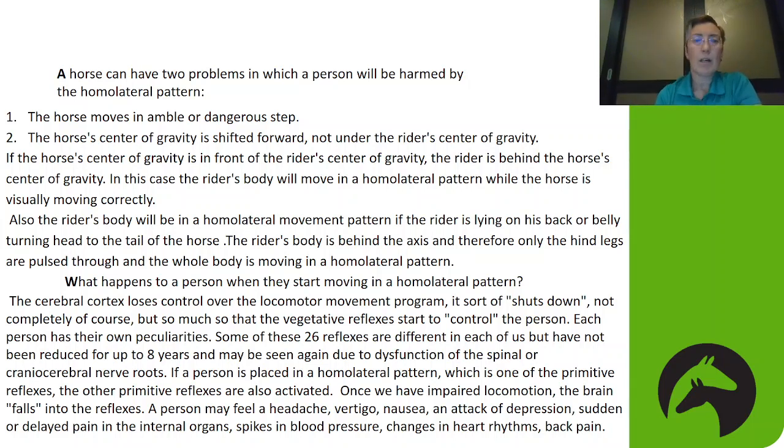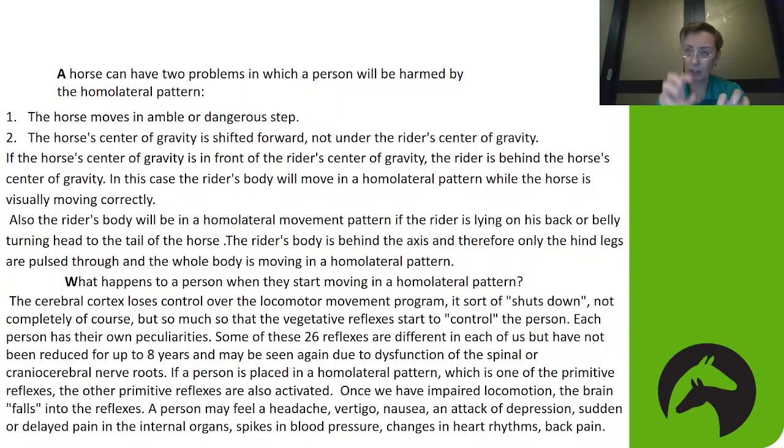In this case, the rider's body will move in homolateral pattern, while the horse is visually moving correctly. So we will see that the horse is moving absolutely normally. 1, 2, 3, 4. Everything is okay, but the center is not.